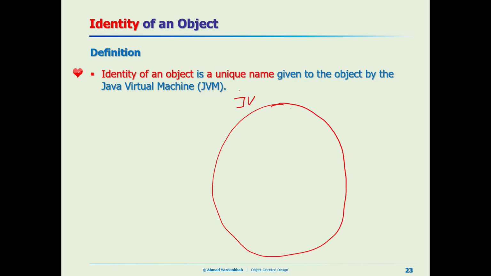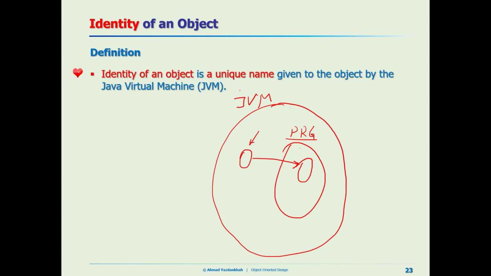Let's say this is the JVM, and your program will run inside this JVM. So this is your program. Inside your program, you instantiate an object. So this is an object inside your program. And right after that, JVM gives a unique name to it. So this is a unique name given by JVM to your object.